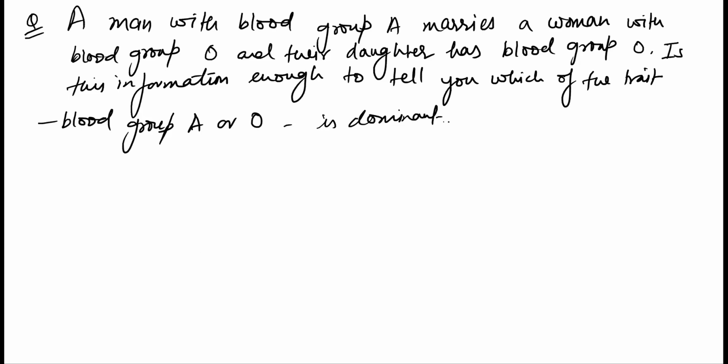So what will you answer? A man with blood group A marries a woman with blood group O, and their daughter is going to have blood group O. Is this information enough to tell you which trait is dominant or recessive, A or O? So no, it is not.